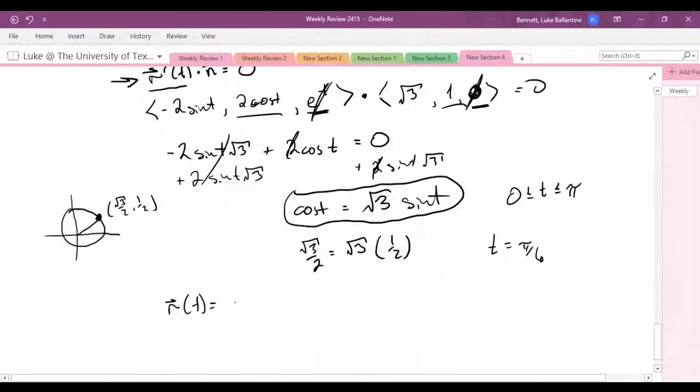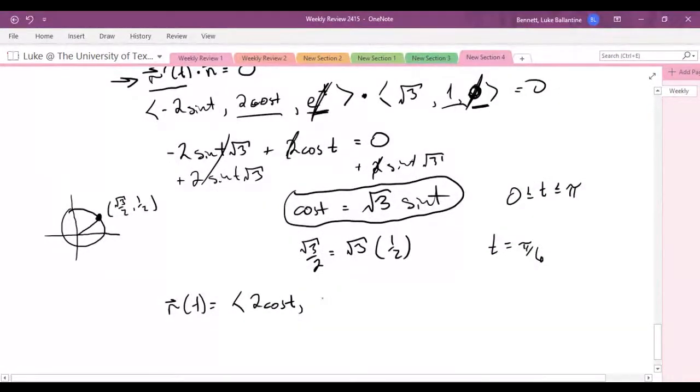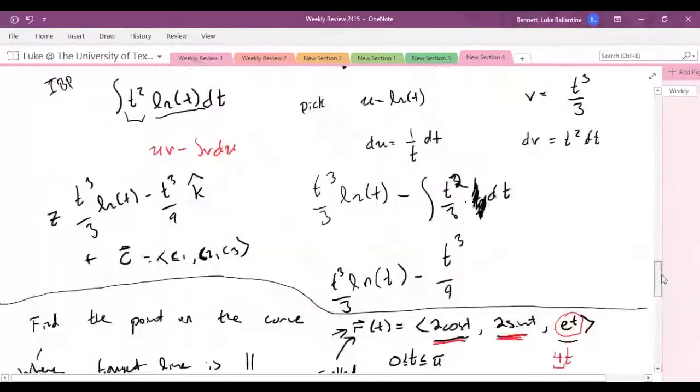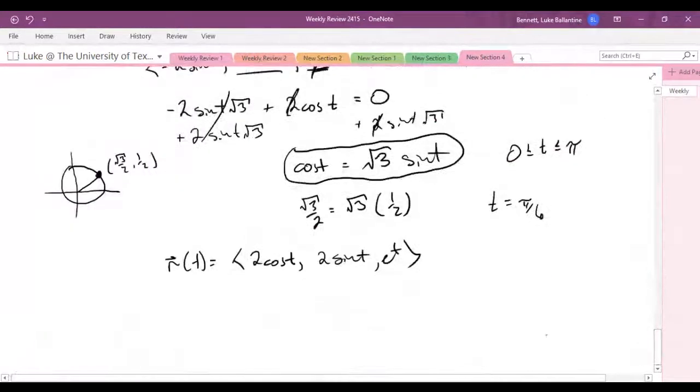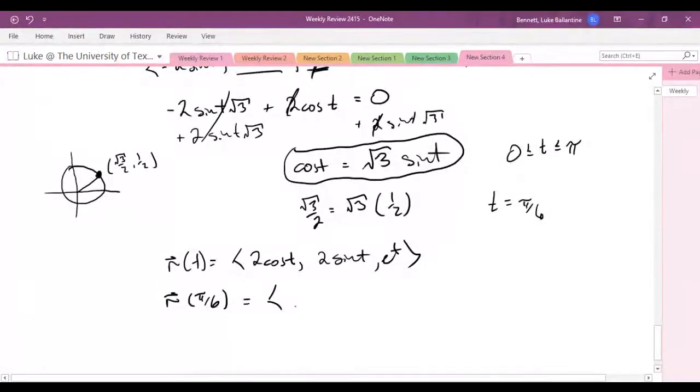So r of t is 2 cosine of t, 2 sine of t, e to the t. So it happens at r of pi over 6, which is square root of 3, 1, e to the pi over 6.